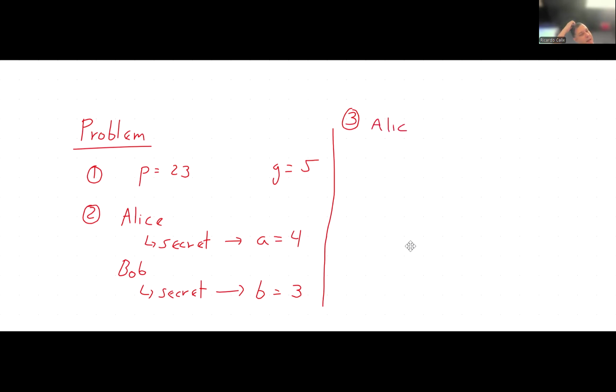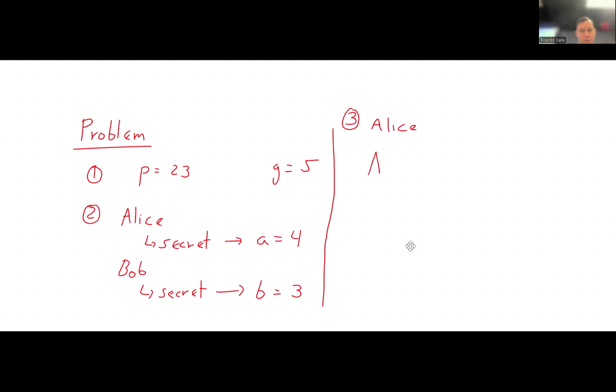Imagine Alice is in China and Bob is in the United States, so they're doing this on their respective sides. Alice, who has a private secret of A equal 4, wants to calculate the uppercase A, which is going to be public.